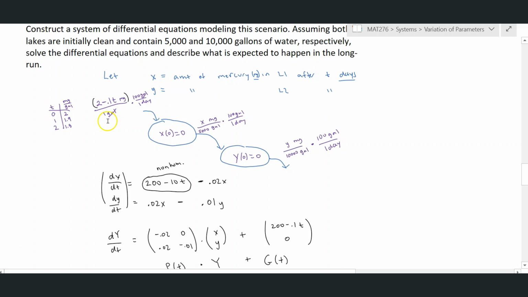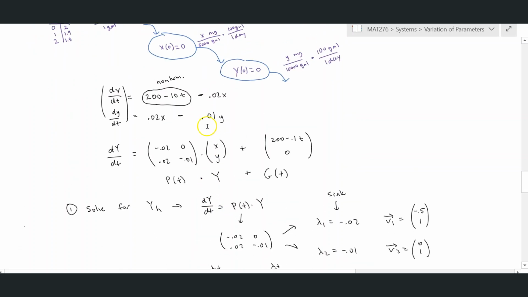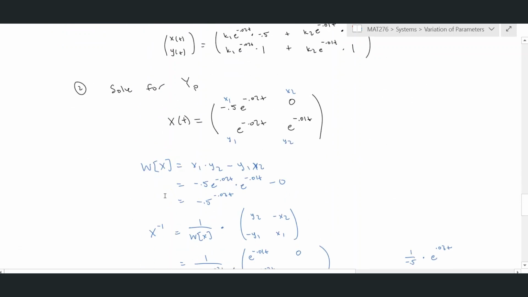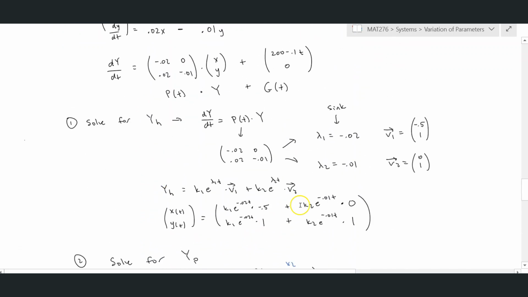And at that point, we would need to resolve the model, but the model would be much simpler. It would just reduce to negative 0.02x for dx dt, and then 0.02x minus 0.01y for dy dt. And we could solve that system, which would give us this general solution right here.